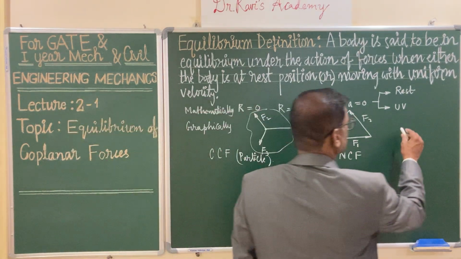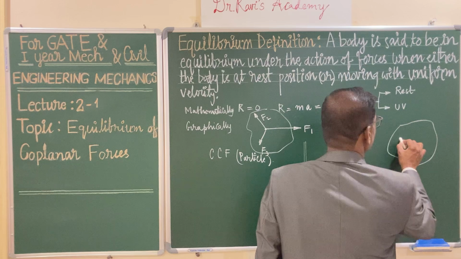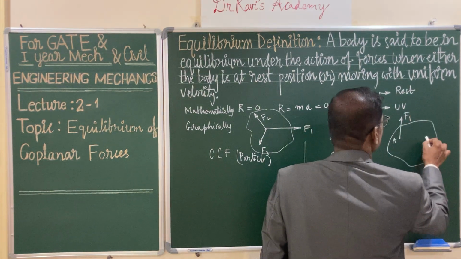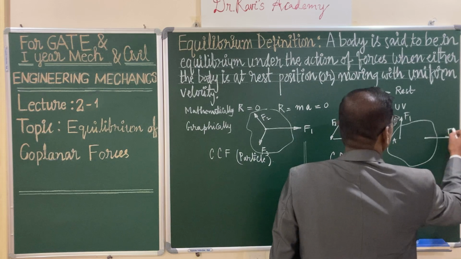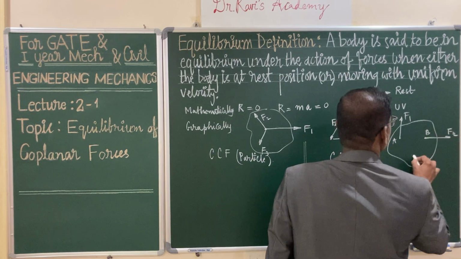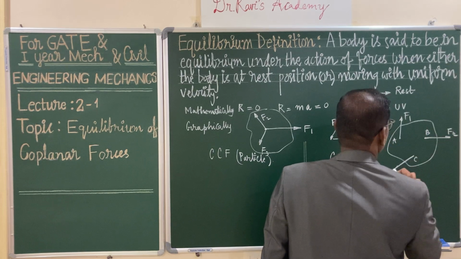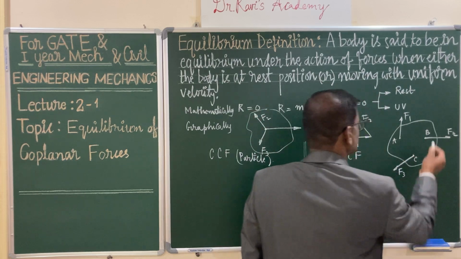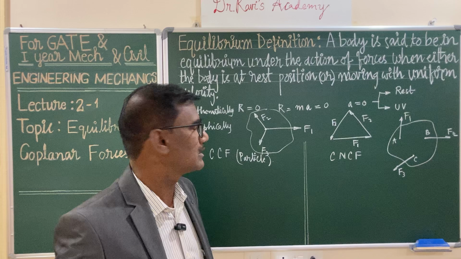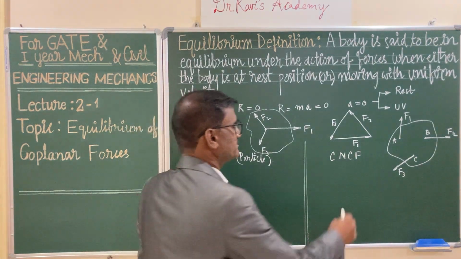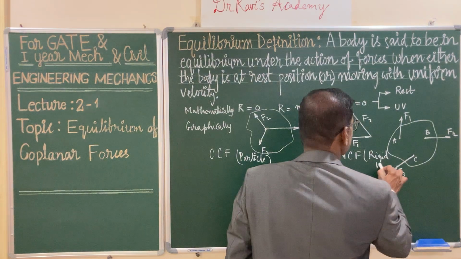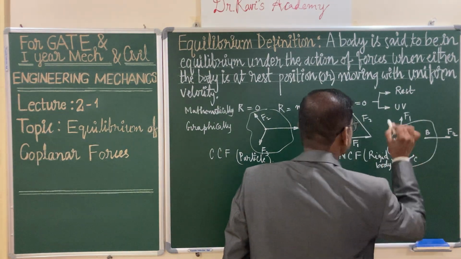On the other side, you have a body and forces acting at different locations: F1 at point A, maybe F2 at point B, and F3 at different locations of the body. So, this constitutes coplanar non-concurrent forces. This means it is a rigid body, the concept of rigid body.